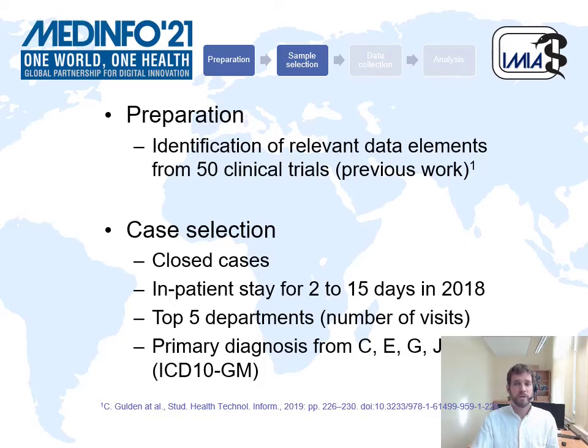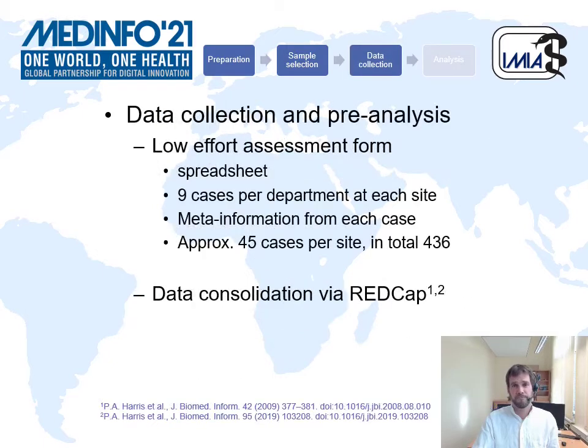Then, they had to be acquired in context of an inpatient stay from 3 to 15 days in 2018. The sample was restricted to a range of primary diagnoses, namely chapters C, E, G, or J from ICD-10 German modification. The randomization was balanced with respect to diagnosis chapter occurrence.